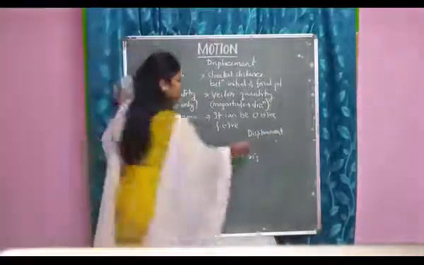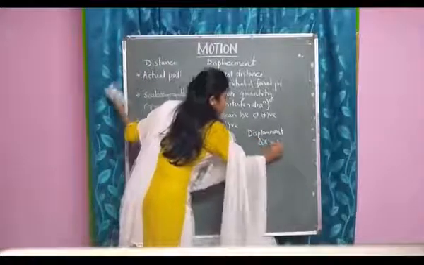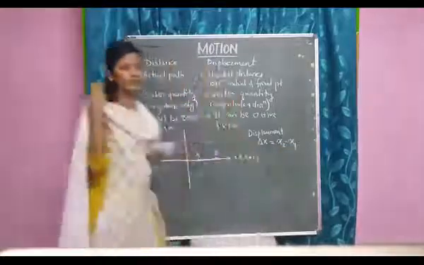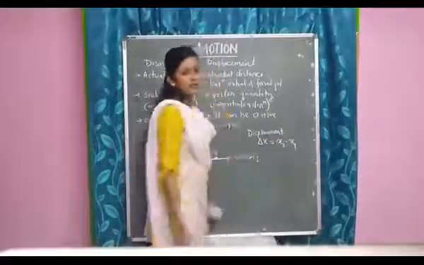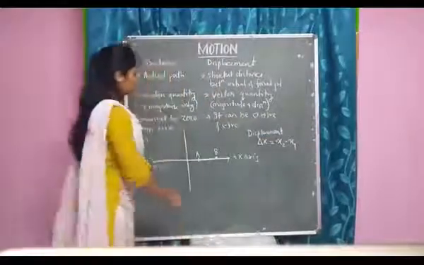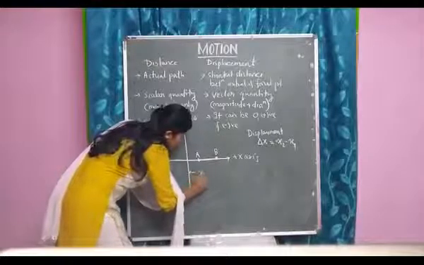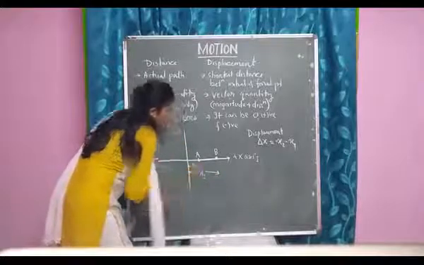I can write del x, which is x2 minus x1. x2 means the final position, x1 means the initial position. So point B is x2 and point A is x1.